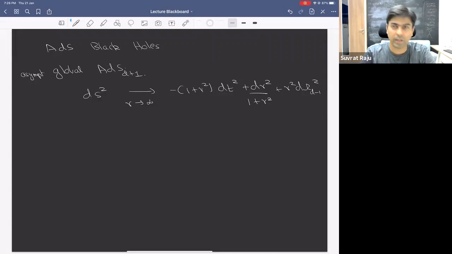But whenever we talk about AdS, I just want to say in this lecture and later, unless I say so explicitly, we are always going to talk about asymptotically global AdS spacetimes. The AdS radius is always going to be set to 1. So maybe we'll display it once in a while, but in general, the AdS radius is 1.